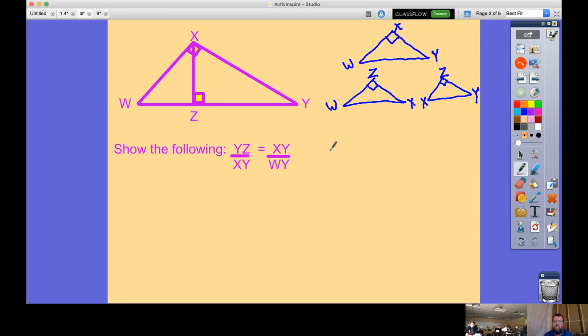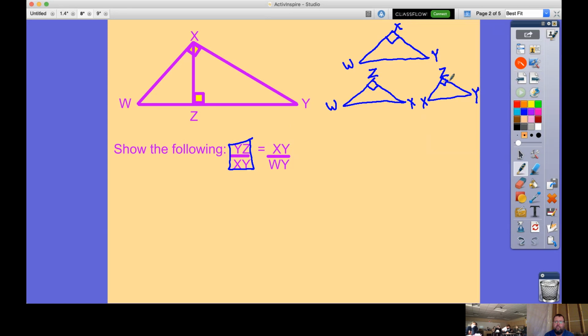So then we just have to figure out what the similarity statement would be where YZ over XY equals XY over WY. Well, we just have to find out which two triangles they're talking about here.